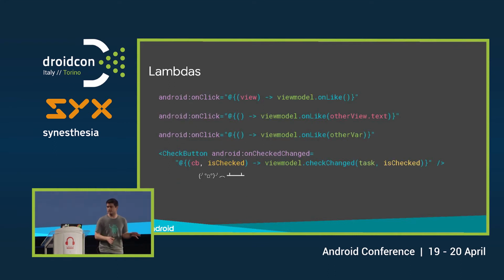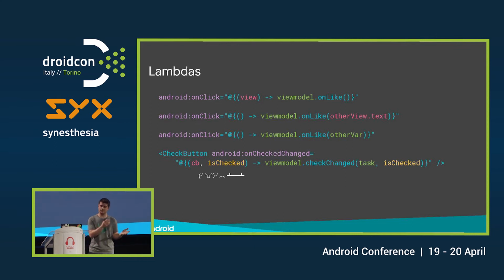All right, let's see some more examples of lambdas. The first one I showed you in the previous slide, I didn't talk about the parameters that you can use in the onClick attribute. Here, we're receiving a view in the lambda, and we're ignoring it and just calling onLike in the view model. This is a little bit different from Kotlin, for example.